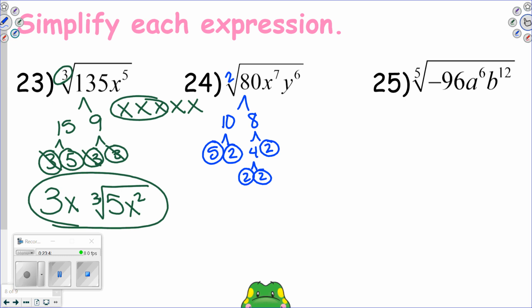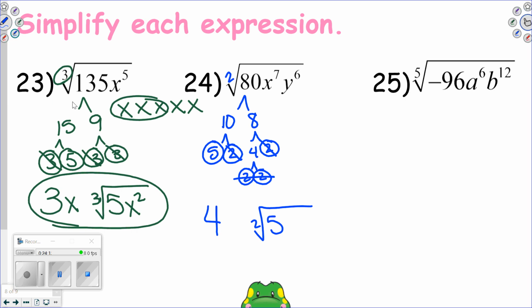If it helps you to get in the habit of always writing an index, you can write the 2s. Just like I don't count off if you write a 1 in front of an x, right? It's okay. So I have a group of 2 there and another group of 2. So that would be 4. 2 times 2 is 4. Good. The 5 goes back underneath the radical. And again, if you want to write the little 2 in there, if it makes you feel better, so you get in that habit of always writing them.